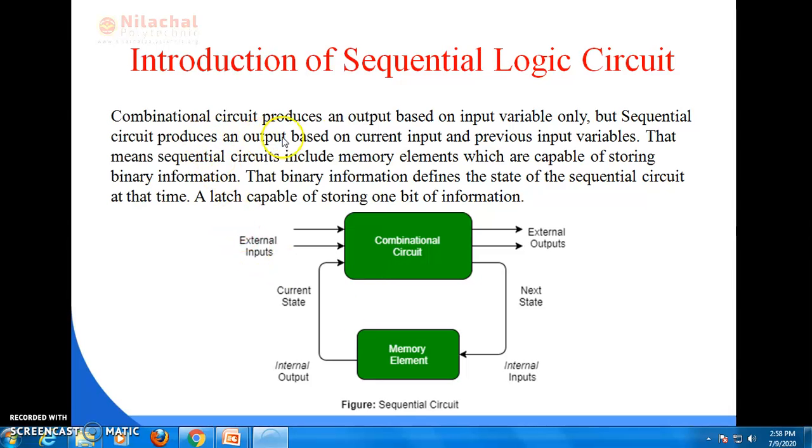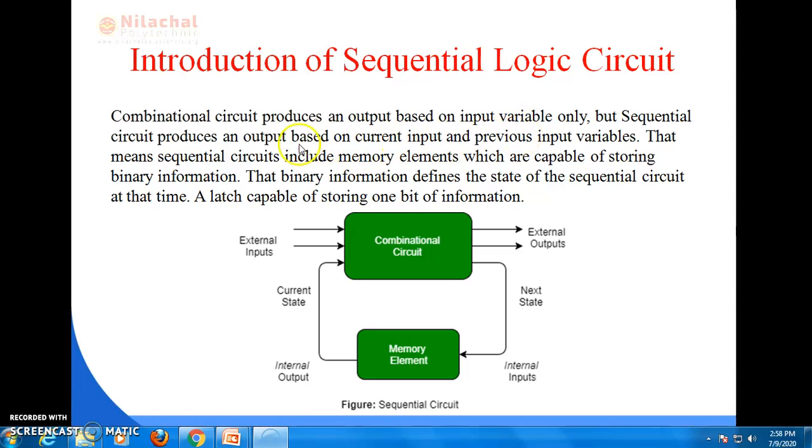A combinational circuit produces an output based on input variables only. If we give input to the combinational circuit, then it gives output. But a sequential circuit produces an output based on the current input and previous input variables.